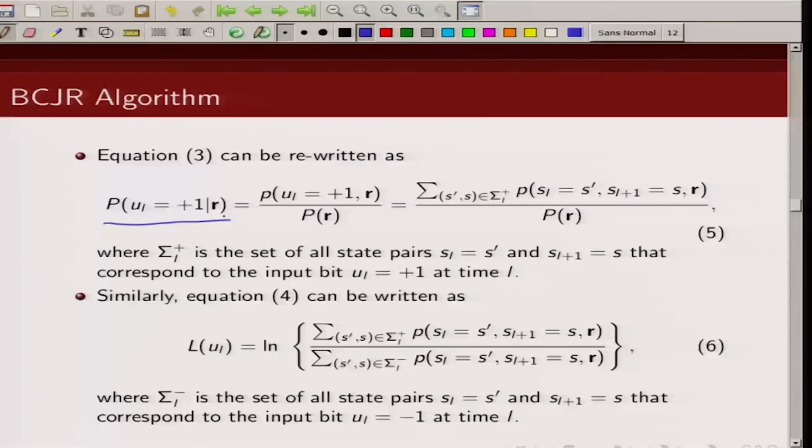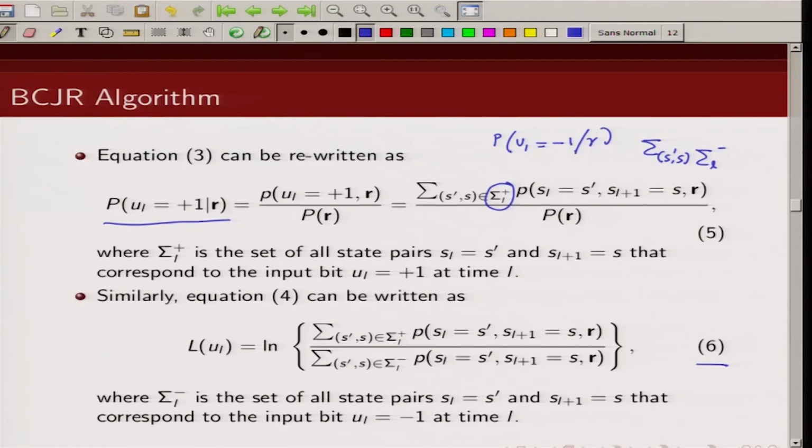If I plug in these probabilities, given by equation 5, instead of the summation here I will have a summation over all those pairs which correspond to UL being -1, and I will get the same thing here. If I do that, what I get is equation number 6.